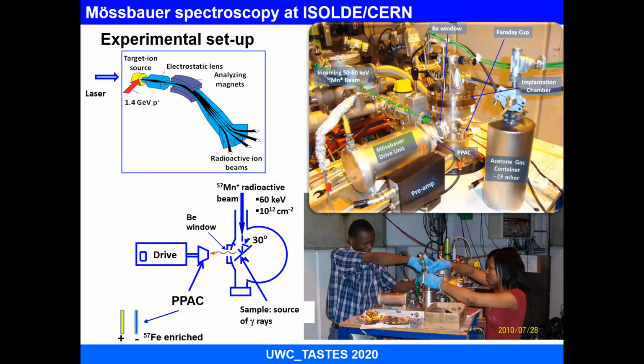And the next slide shows the beam coming down along that axis. The ion chamber is here. The detector has to be lightweight, so it's made of perspex, in which the electrodes are housed, and mounted on the conventional velocity drive unit. And we use acetone gas as the detector gas.